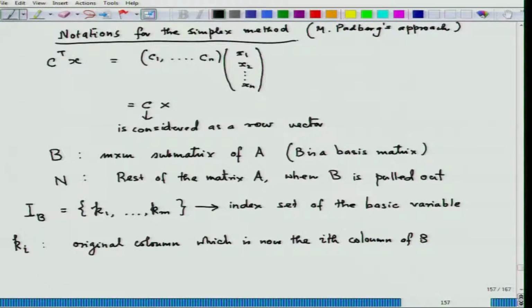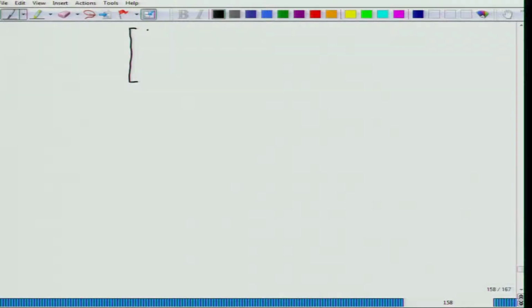If I give a small example, that will be much clearer. For example, I have a 3 cross 4 matrix: A11, A12, A13, A14, A21, A22, A23, A24, A31, A32, A33, A34.